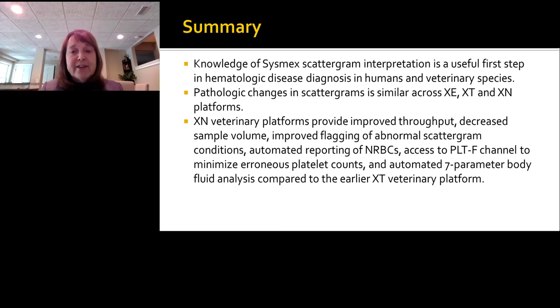And with the ability to set channels, I would say even on the XT, some of us would do things that way, although certainly better to have it set up and fully validated so that you aren't doing the validation process yourself. But the answer is yes. And I also alluded to we've been able to do bone marrow differentials. So the answer is yes, you can use it for other fluid types.